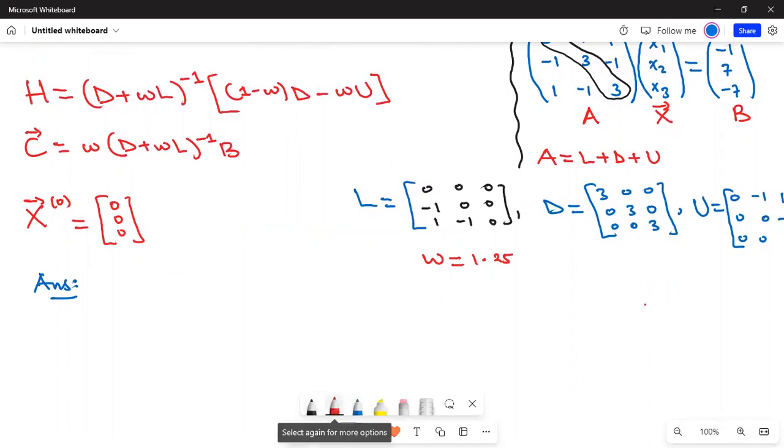that x at level 1 is simply H, which you're going to find, times x at level 0 plus c.